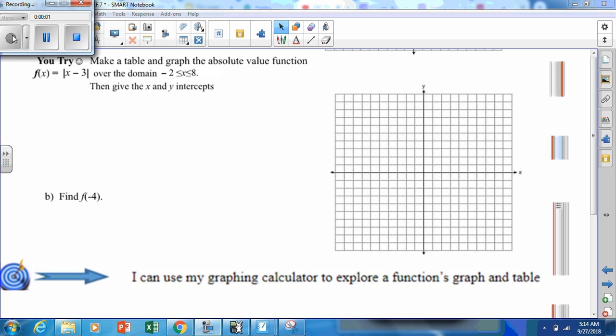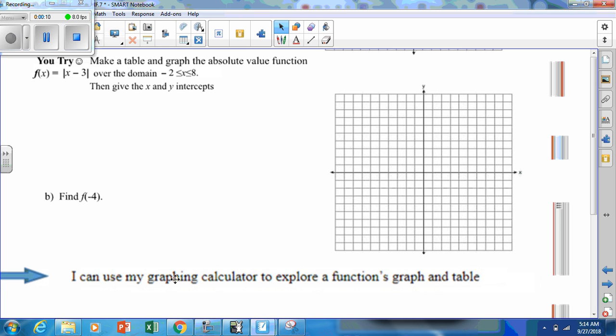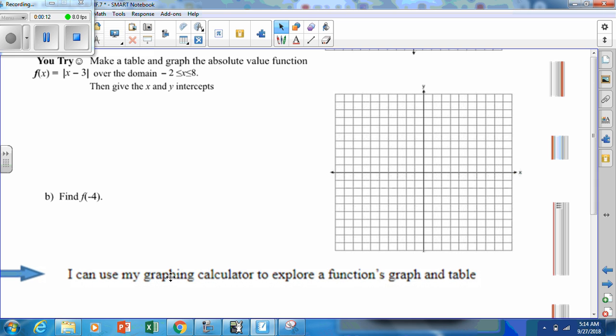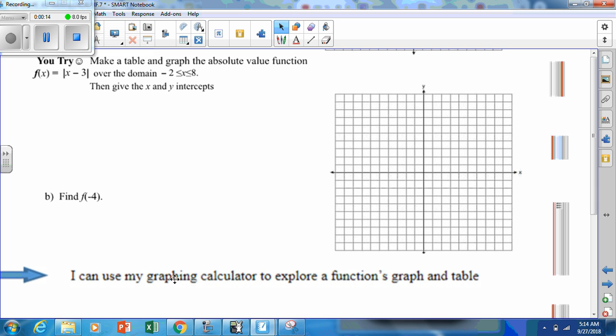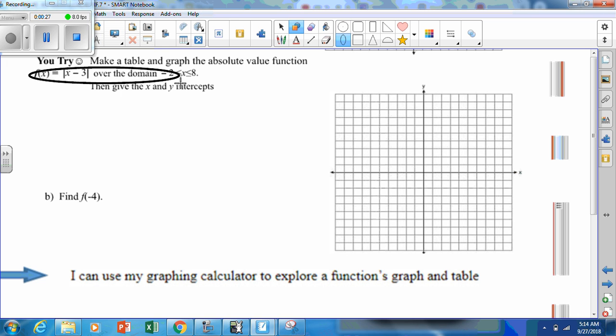Graphs and tables. Okay, so as we take a look here, we're looking at an absolute value from our last lesson. I'm looking at an object that's going to resemble a V. When the V is positive, it's going to be right side up.